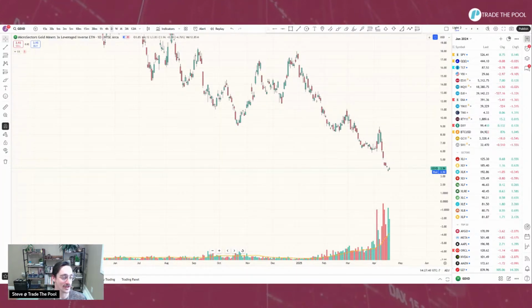Why I am choosing miners to express my potential short gold trade is because I think that they have been kind of drifting up, and I think it's been a little bit unfair in terms of if we have downside, I think that they will get hit the hardest. They have the most drag. There are a lot of factors that go into mining gold that aren't just gold goes up, right?